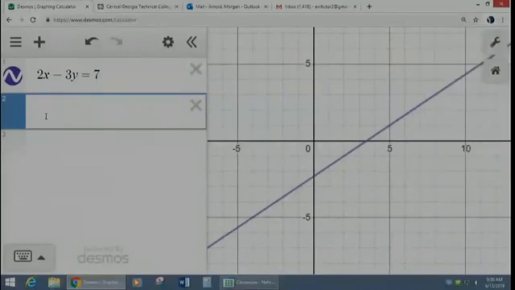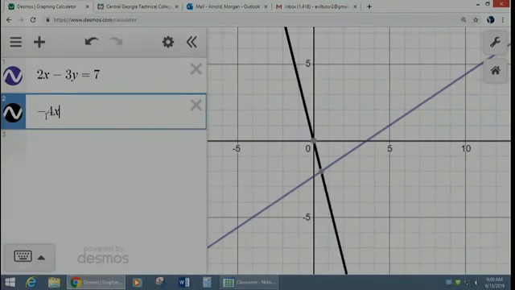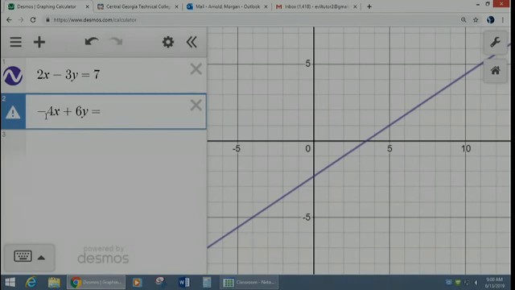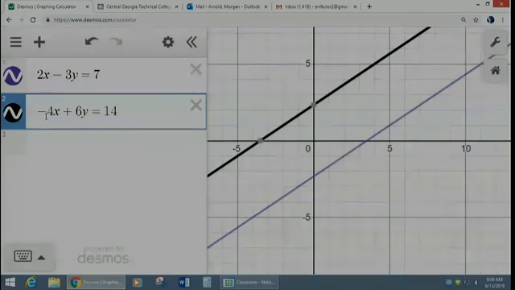All right, our first equation has already been typed in. And let me type in the second equation. Well, you see right away why this system has no solution. The two lines are parallel.